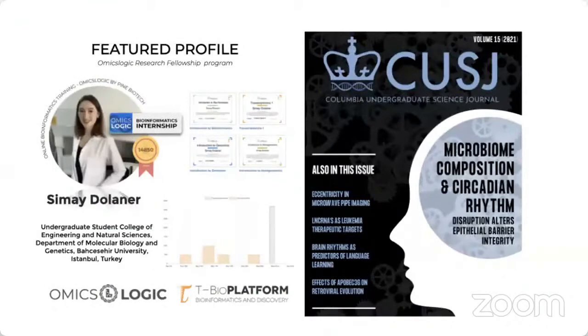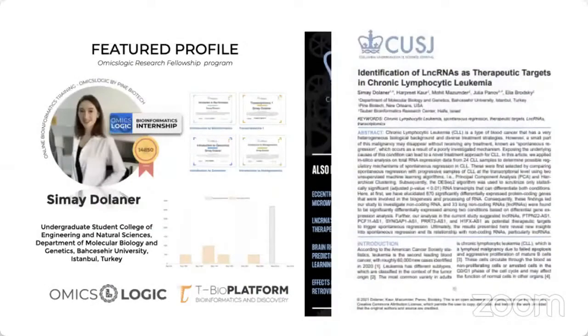You can also develop your profile, and this is from Sina Dolaner, who finished her projects and was able to work on leukemia and identify differentially expressed genes and protein coding genes that are involved in biogenesis of these leukemia cells.